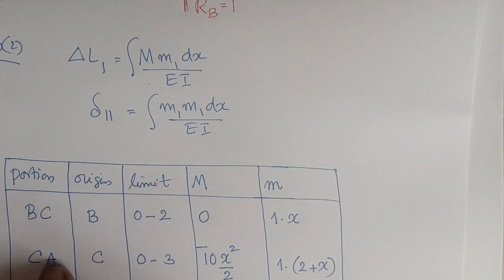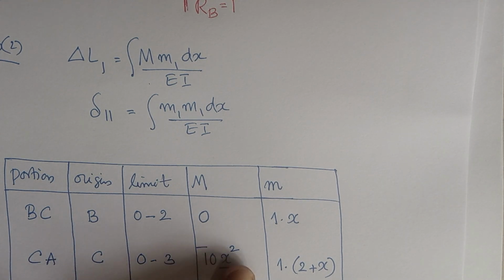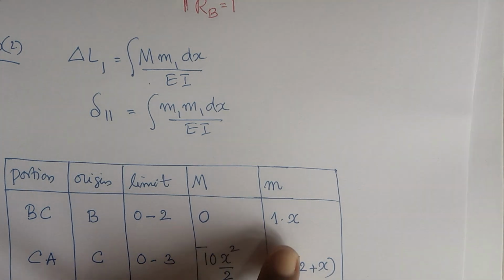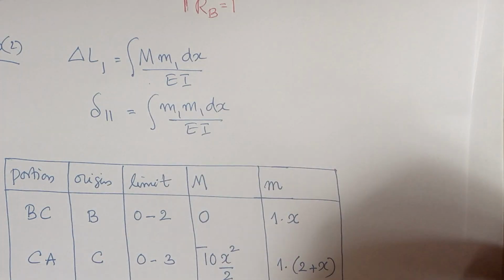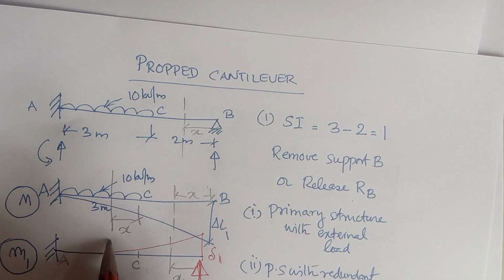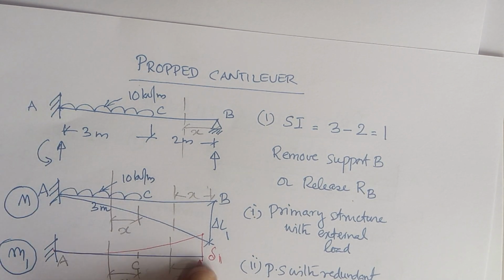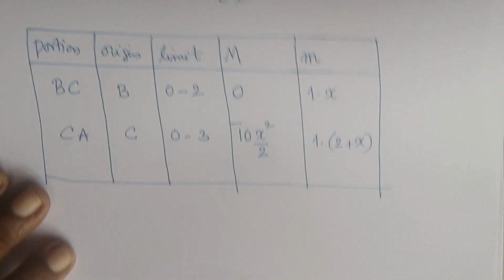For the next portion CA, taking C as origin, x is marked from C, so the expression for bending moment is 10 into x by 2, so 10x square by 2. Similarly, the small m is the expression for bending moment due to redundant. For the portion CB, it is 1 into x. For the next portion, see, this is point C. So CA, x is marked from C. So this distance is 2 meter. So that we get the expression 1 into 2 plus x.